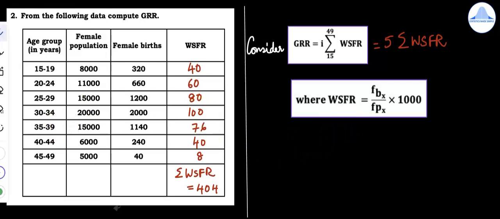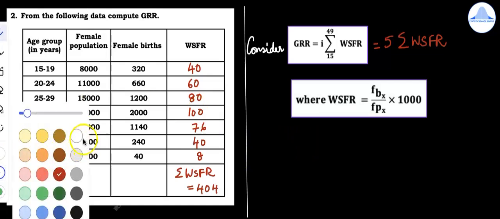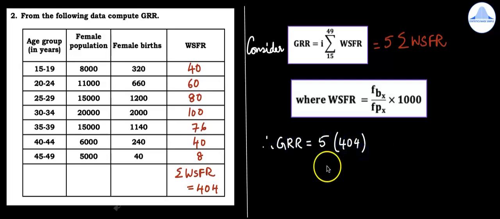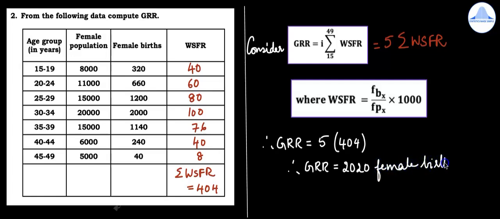Let us substitute the totals in the formula. So we will get GRR is equal to 5 into 404. Therefore GRR is equal to 2020, and then usually we write female births per 1000 women.